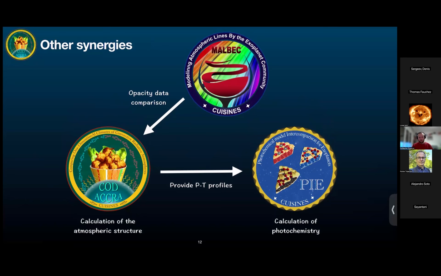But as far as I know, they did this in Malbec. So maybe at some point we could discuss with Malbec to know if they have some outputs or guidelines or something to say about this, to help us understand the differences we could have in the radiative transfer coming from the opacity data directly.